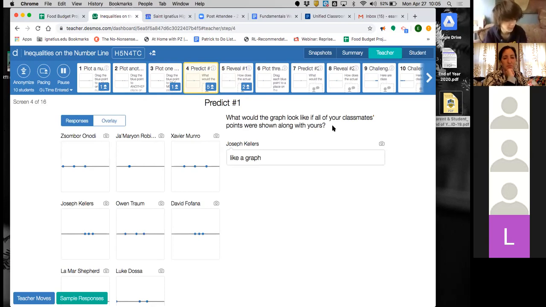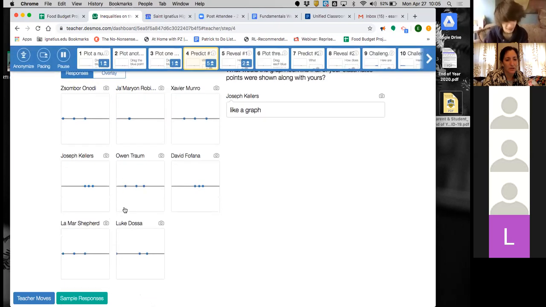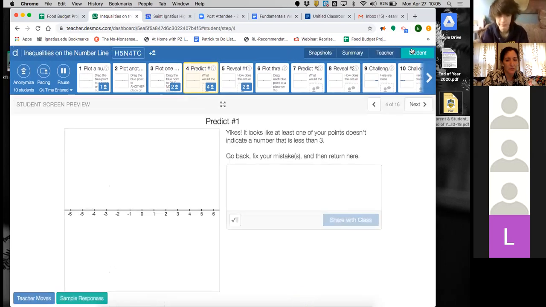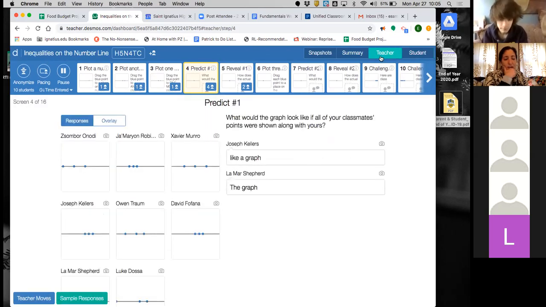So for those of you on this prediction slide, most of you are at the point where you can see your other classmates' responses. We've got all of these blue dots. If we took all of your blue dots and put them all on one line, would we have a bunch of dots, or would we have a solid line? What do people think? Just a bunch of dots, or would it eventually get filled in?